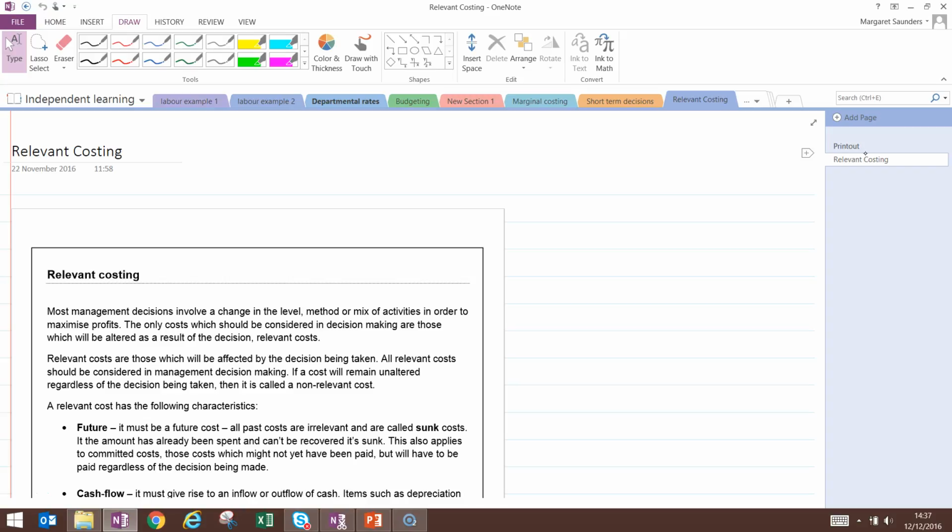Relevant costing is used again for short-term decision making, and the theory behind relevant costing is that the only costs which should be considered in decision making are those which will be altered as a result of the decision.